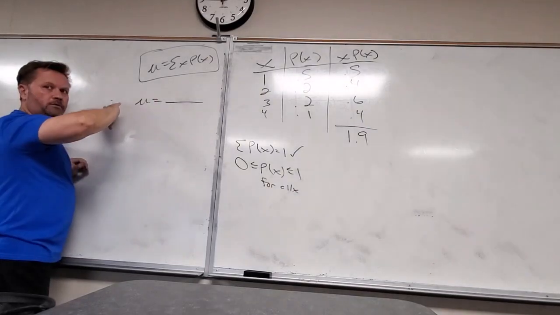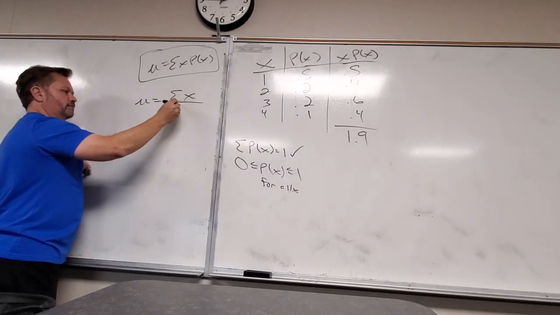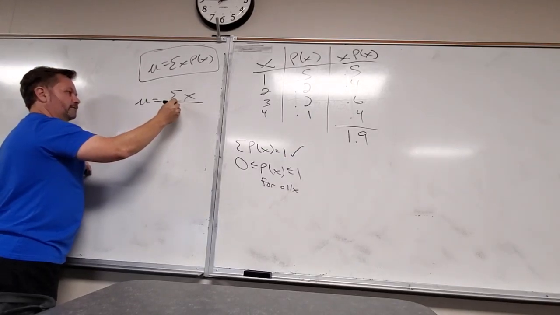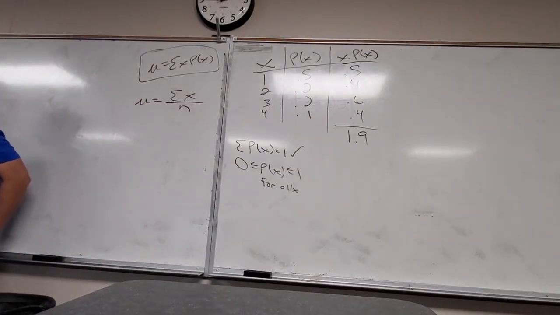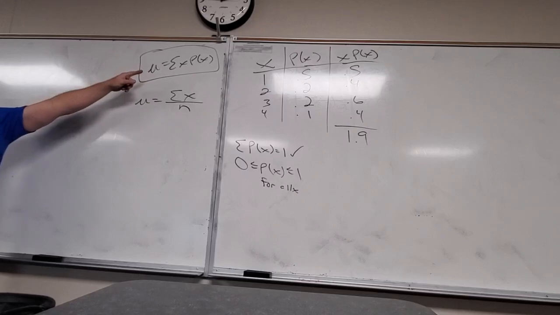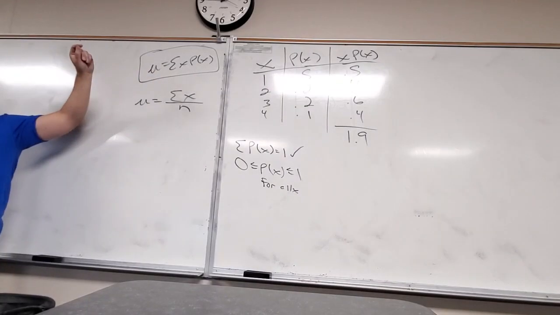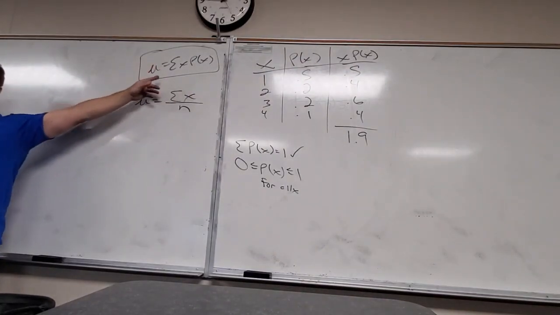You add them all up, divided by the number of data points, right? What seems to be missing here? Over n. See how there's no over n here?